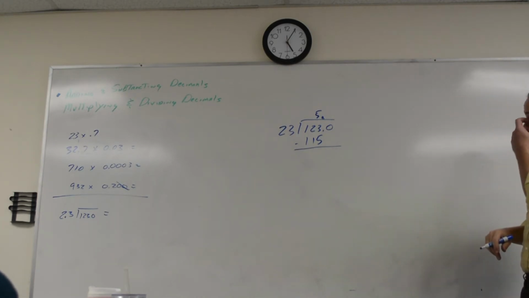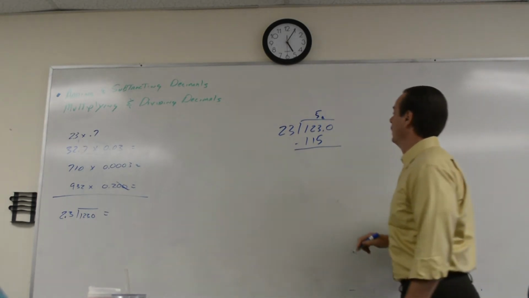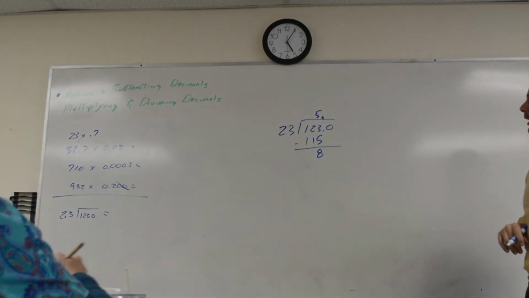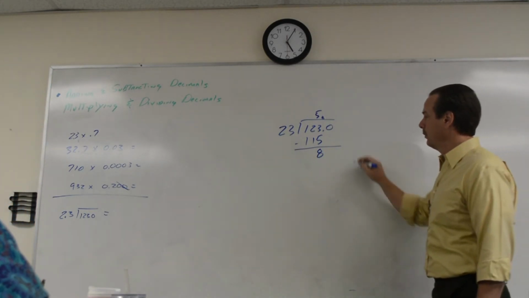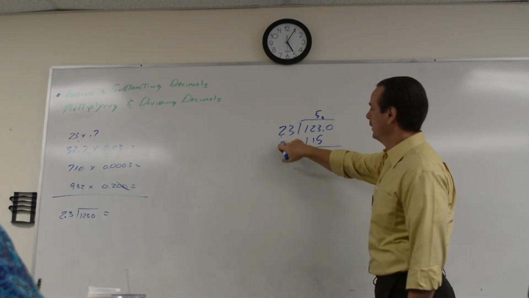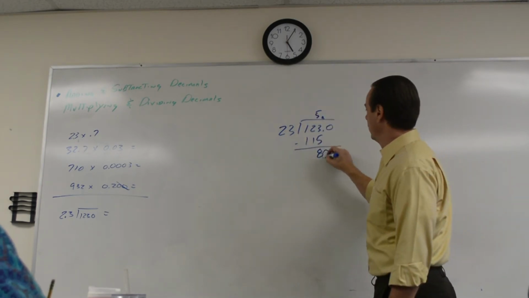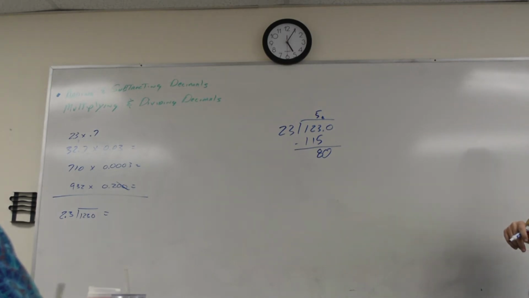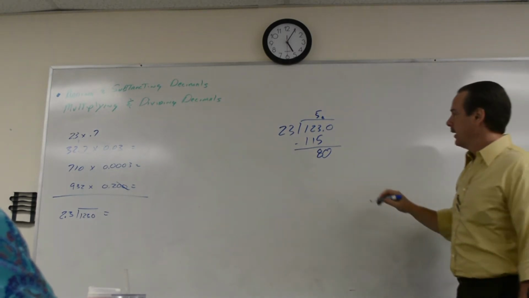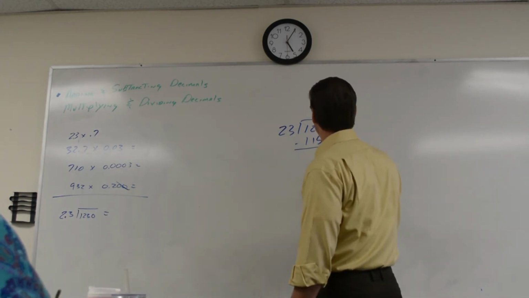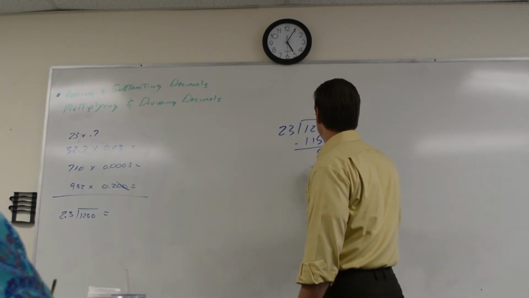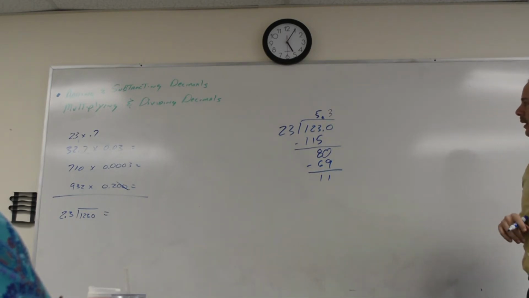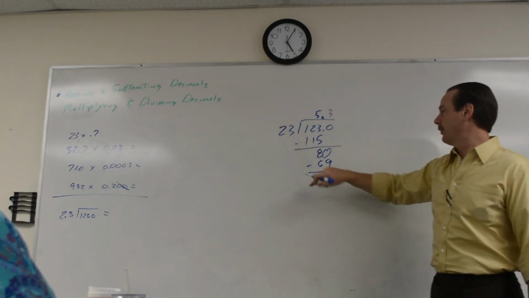All right, so we got 115. We subtract that away and we get 8. Let's bring down the next 0. 8 is smaller than 23, so that number's good. 23 goes into 80 3 times, so we'll put a 3 here. This will be 9. This will be 69. This will be 11. 11 is less than 23, so this number is good.